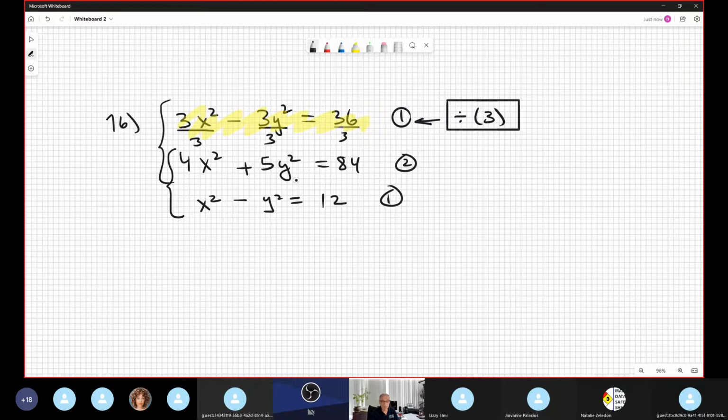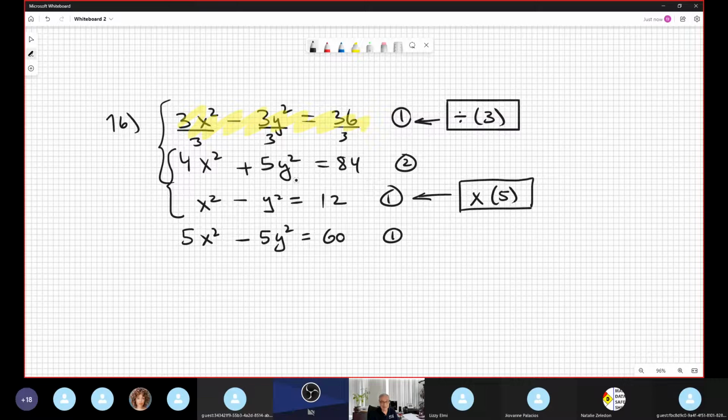Okay, now let's solve. Substitution, no. But elimination, yes. If you multiply the new equation 1 by positive 5, you have 5x squared minus 5y squared equals 60. 60 is 12 times 5.